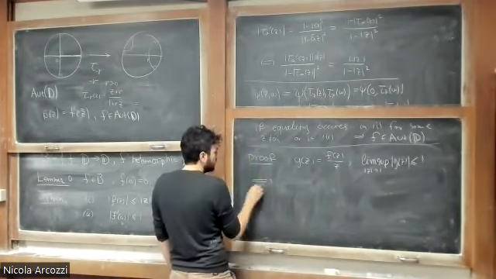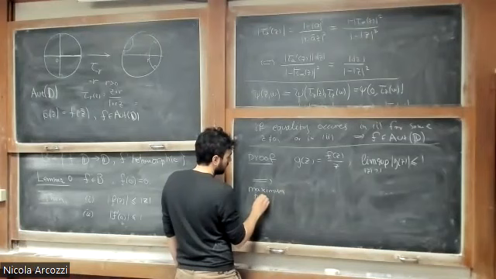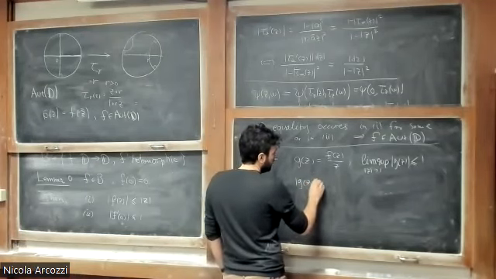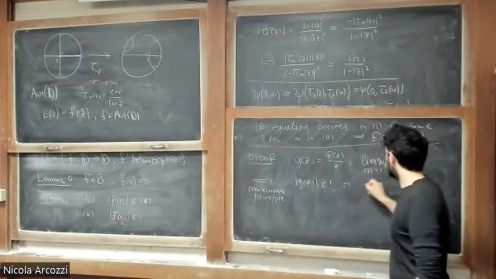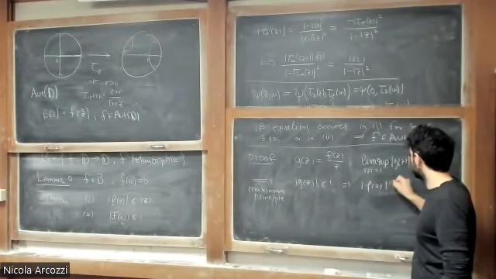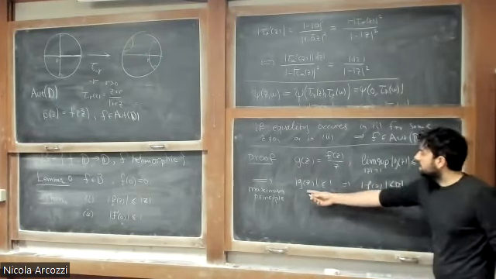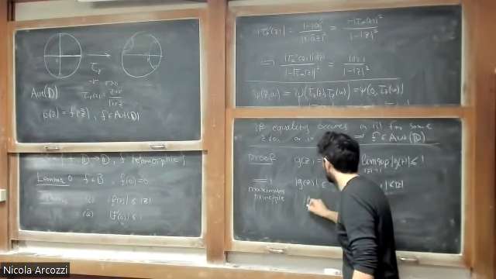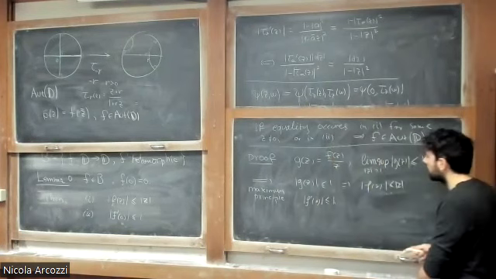So by the maximum principle, g is bounded by 1 everywhere, which implies that f of z is bounded by the modulus of z, and the value of g at the origin is the derivative of f at 0. So also the derivative of f at 0 is bounded by 1.